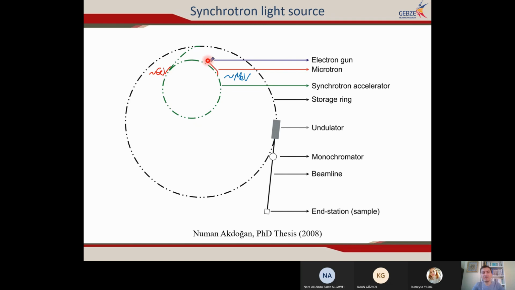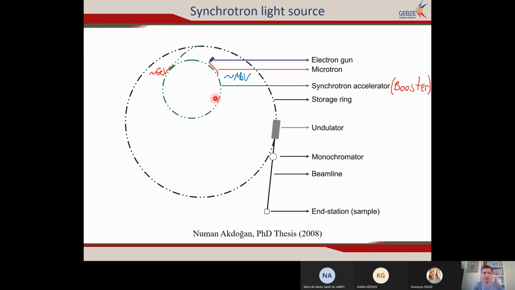So, of course, the whole system, the Synchrotron Accelerator and also this storage ring, is under UHV conditions, high vacuum conditions. Maybe I should mention here, another name for the Synchrotron Accelerator is booster. Actually, this name is more common.